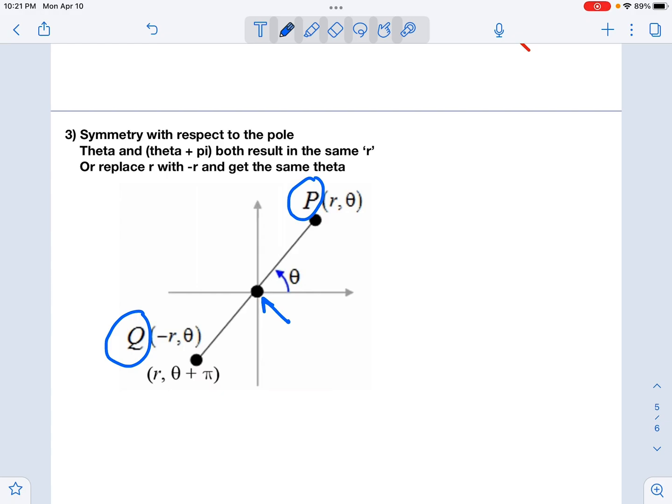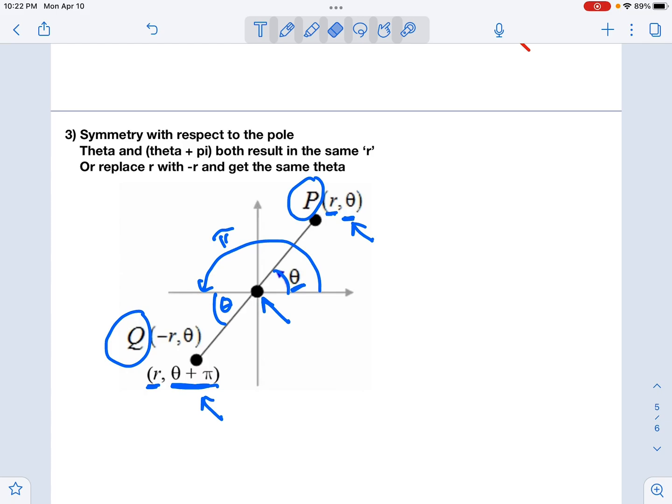Here we have pi, and here we have theta, and here we have pi again, so because of opposite angles, this is also theta. So you have (r, theta plus pi) and (r, theta). You can replace theta with theta plus pi, and you should get the same r.